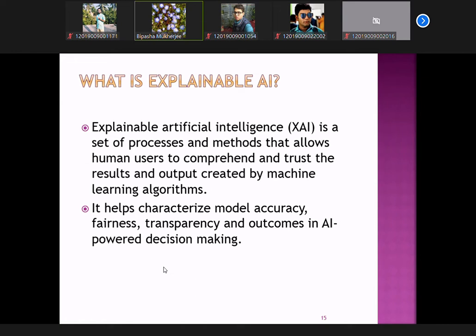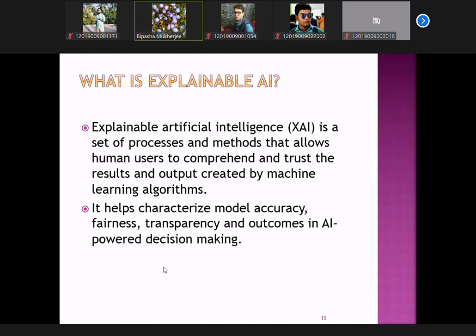No explanation is there. So explainable AI, or XAI, is a new technology that people are working on. They are trying to make the system automatically find why this is not correct, or why this is wrong.